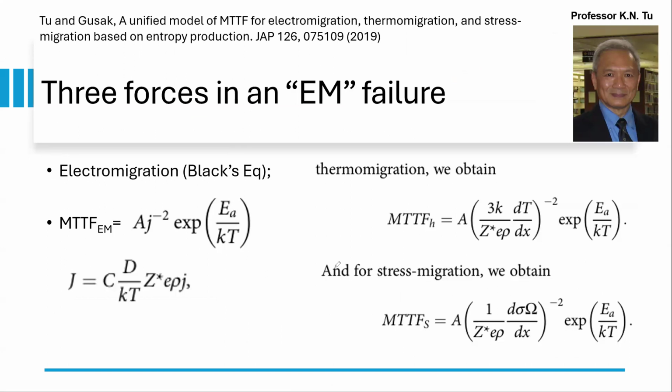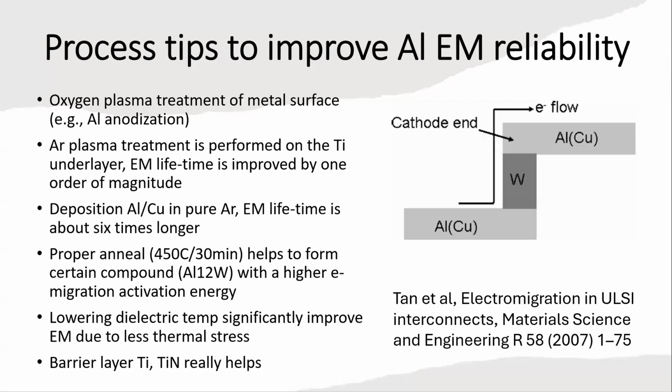They all interact with each other: electromigration, typically Black's equation, thermal migration, or stress migration. Stress migration usually means thermal stress. So this is a thermal stress item, and the dielectric temperature actually improves your EM if you do it right.